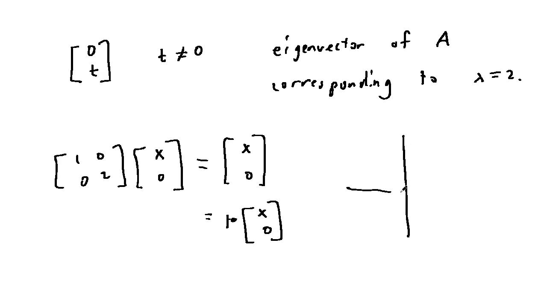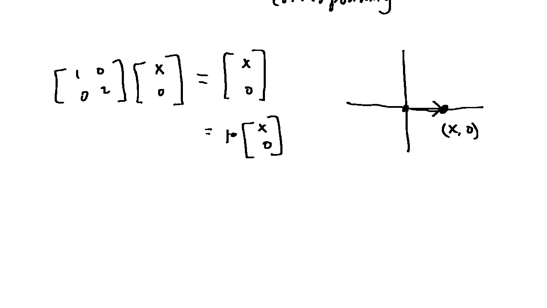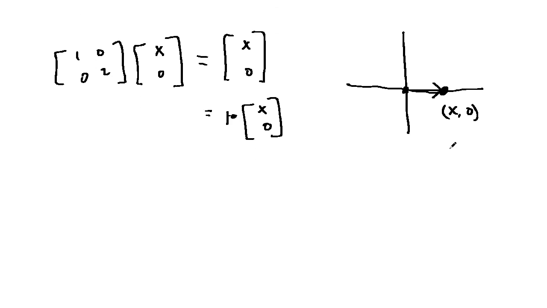So if I graph this, here's some vector x, 0 on the x-axis. If I apply A to it, I just get back the same vector, 1 times that vector. So applying A to this vector simply scales it by 1.